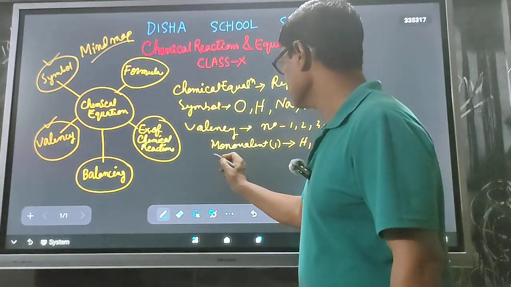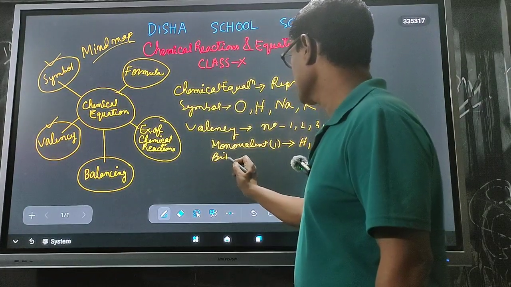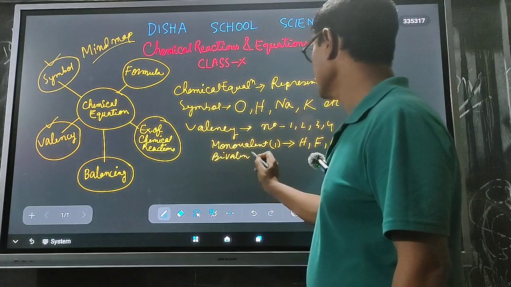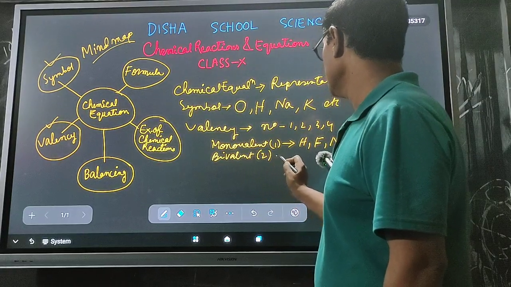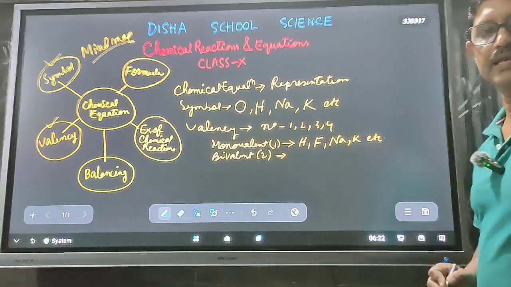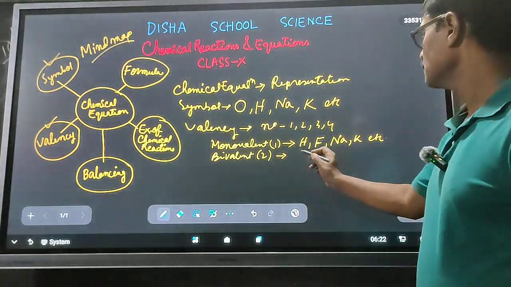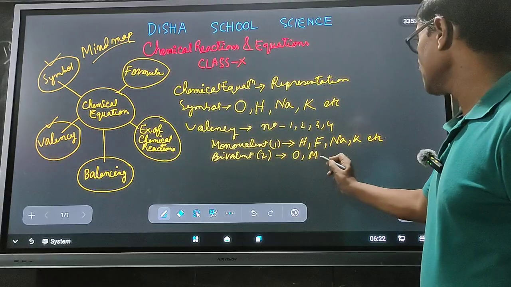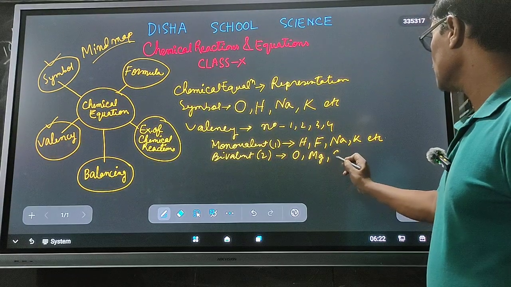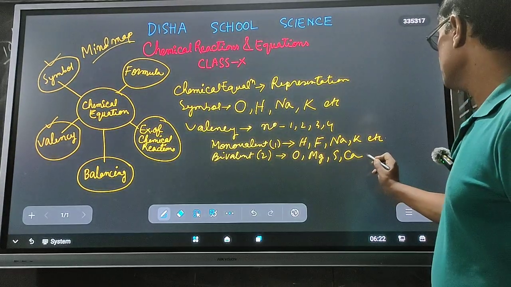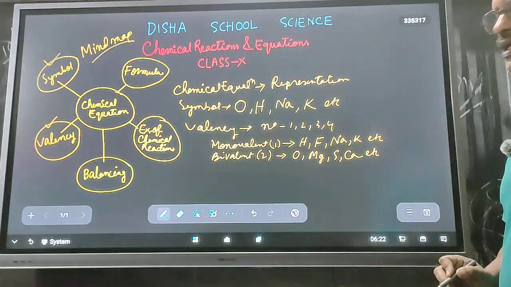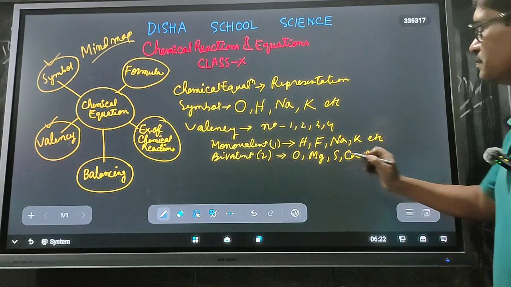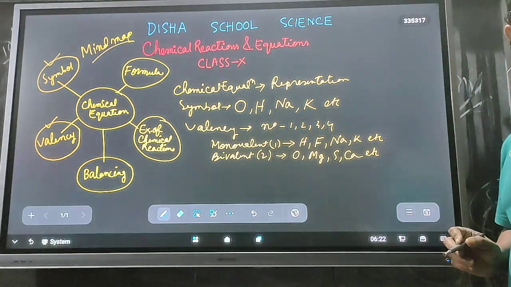Next is coming bivalent. Bivalent means having valency 2. So bivalent, having valency 2, coming oxygen, then magnesium, sulfur, calcium, etc.